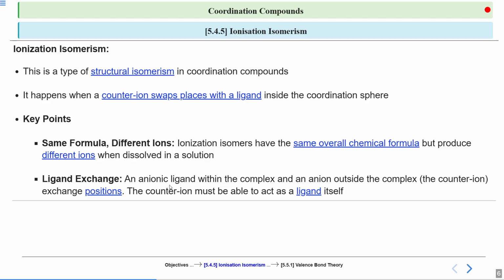This only happens when the counter ion is able to act as a ligand itself, so that when it swaps position with the anionic ligand, the counter ion acts as a ligand within the complex. So the counter ion must be able to act as a ligand.